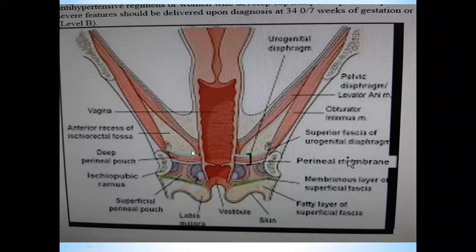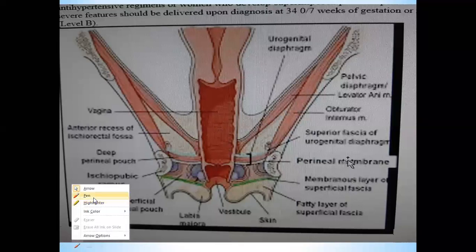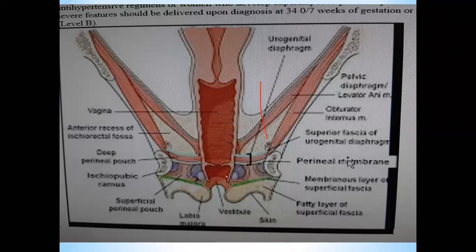Yes. The deep perineal pouch is this area above that you were saying. This whole one is the deep one. And this small space is the superficial perineal pouch. Okay? Yes, ma'am, got it.